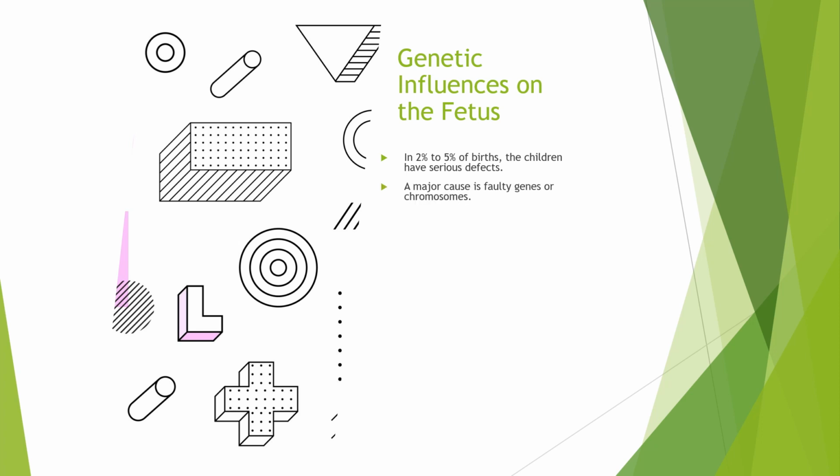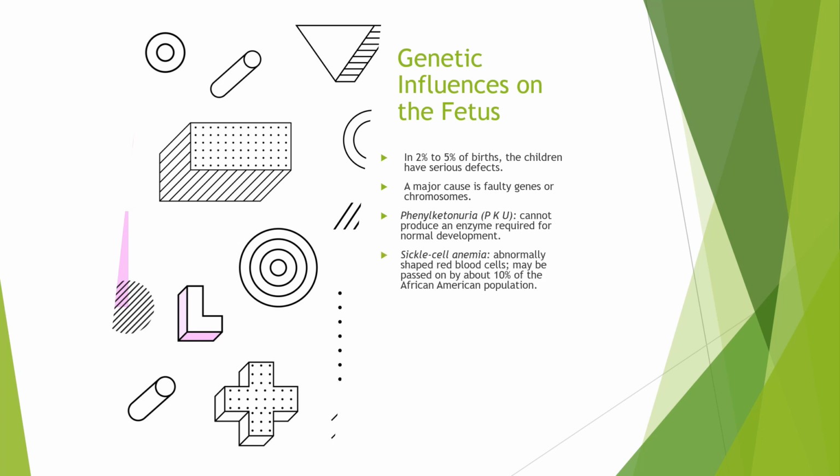The major cause is faulty genes or chromosomes. One type of defect that you could have is called PKU. PKU is where you cannot produce an enzyme required for normal development.